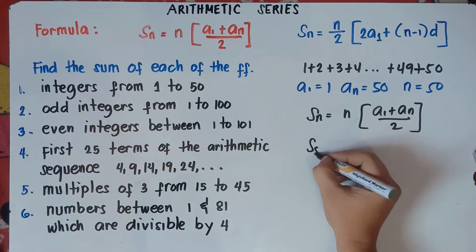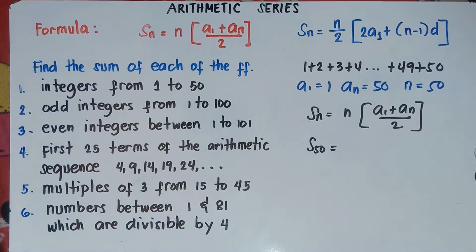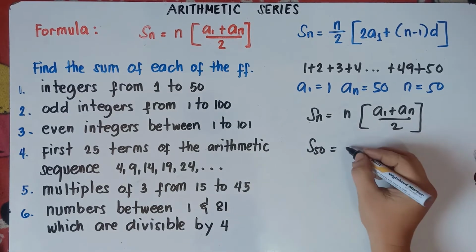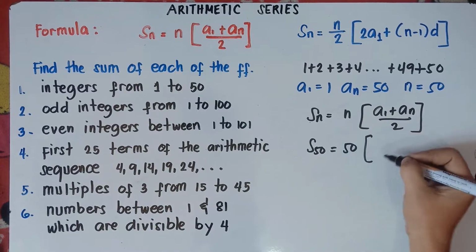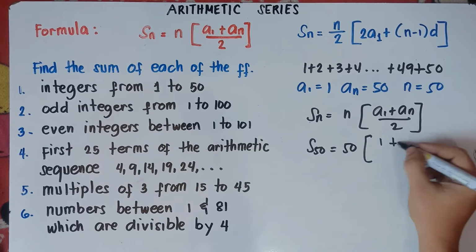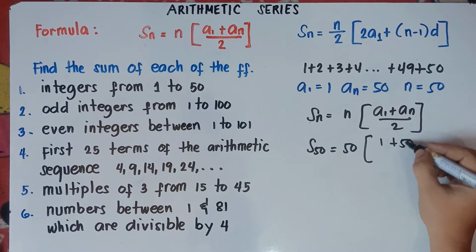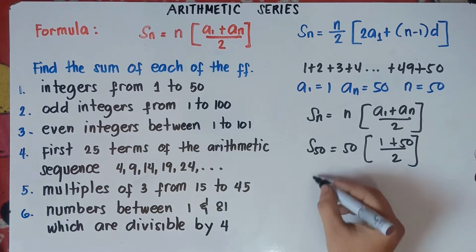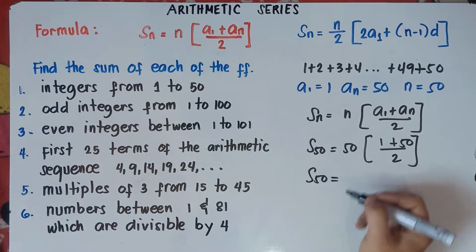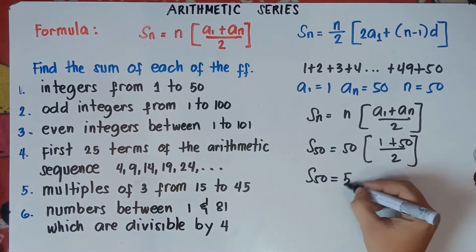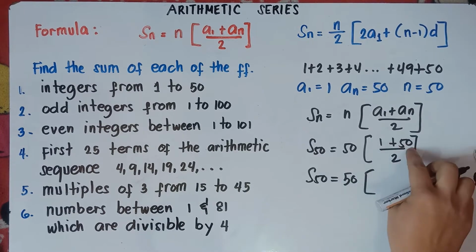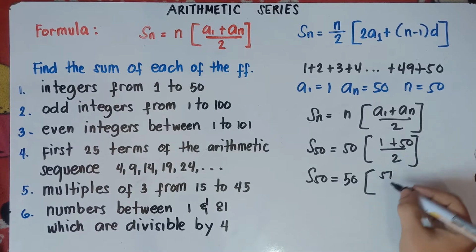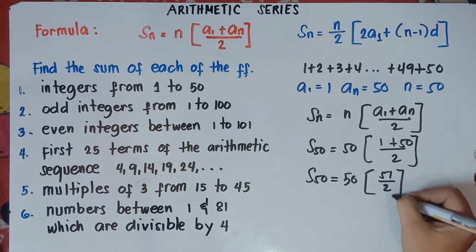So S sub 50 equals 50, the number of terms, times the first term 1 plus the last term 50, divided by 2. That is 50 times 51 divided by 2.